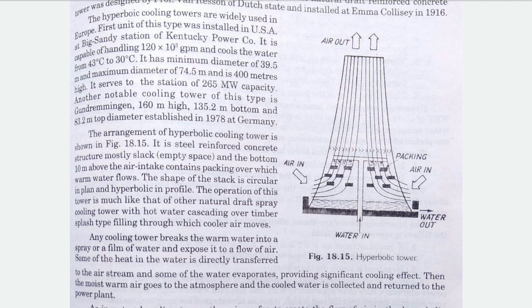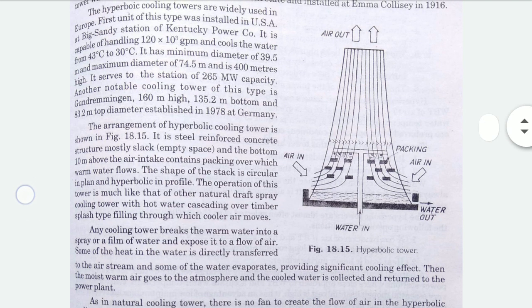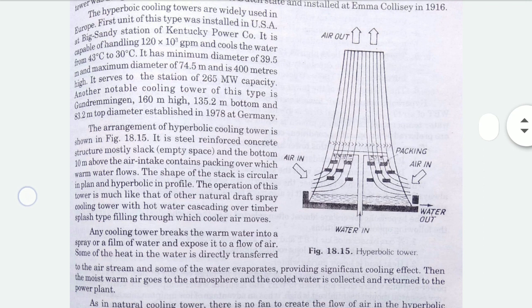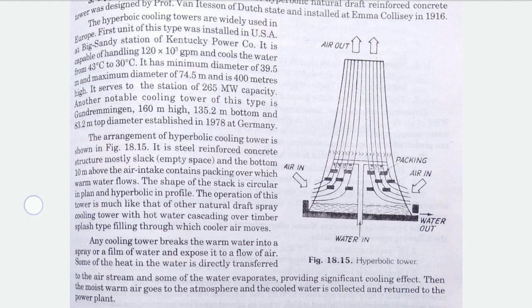Means stacked packings are there, 10 meters above, and from this stack the warm water coming out from the condenser flows downward, naturally. The shape of the stack is circular in plan and hyperbolic in profile, so it is called a hyperbolic tower.